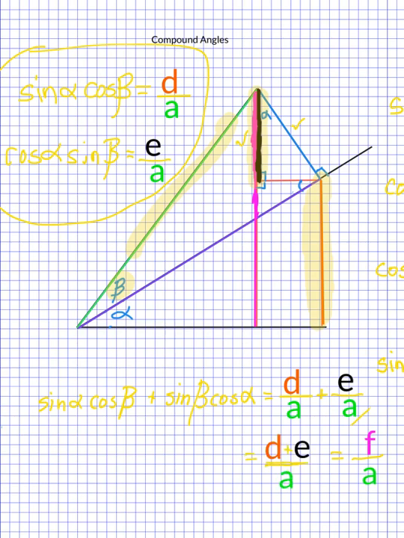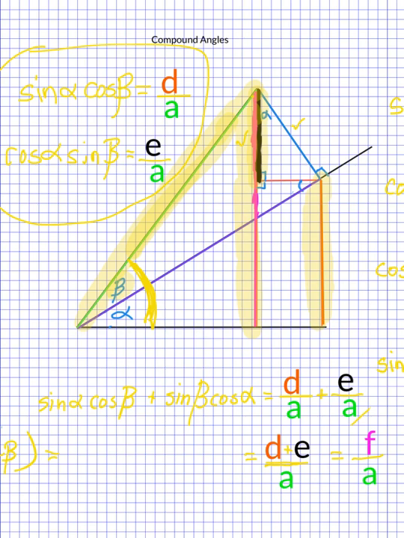All right, there's one more thing I want you to see. What if I did the sine of this whole angle, A plus B, like the sine of this large angle here? What would that equal? Well, sine is just going to be the opposite over the hypotenuse, so the pink over the green.